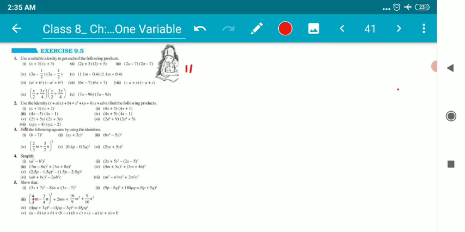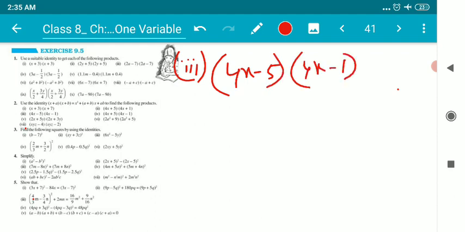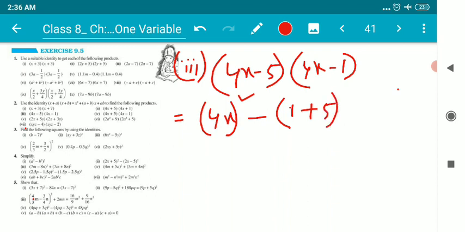Next one, question number 3, is 4x minus 5 into 4x minus 1. Okay children, so the identity of x minus a into x minus b is x squared, meaning 4x whole squared, minus, in bracket, b plus a, so that is 5 plus 1, outside multiplied by 4x.